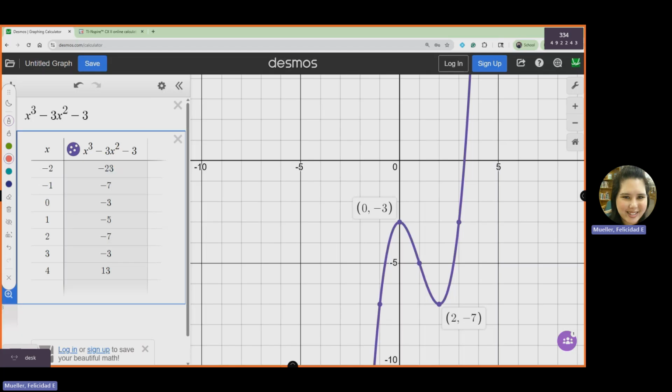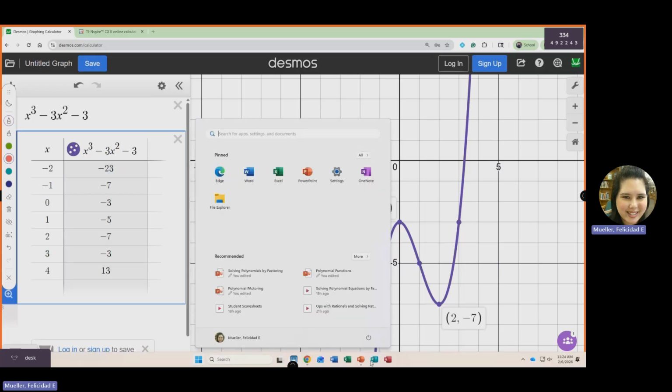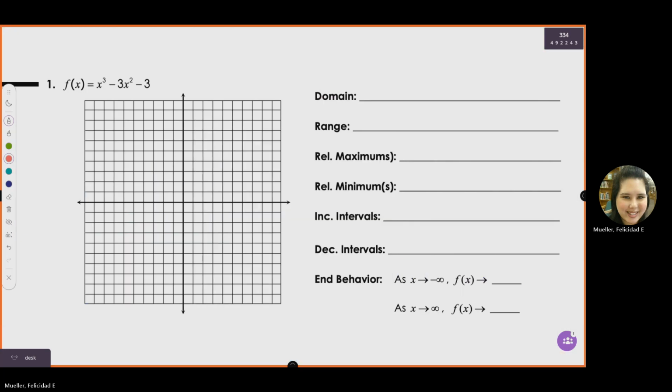So going back to this, we're going to go ahead and put this on our graph and answer all the questions. So we're going to plot these points.